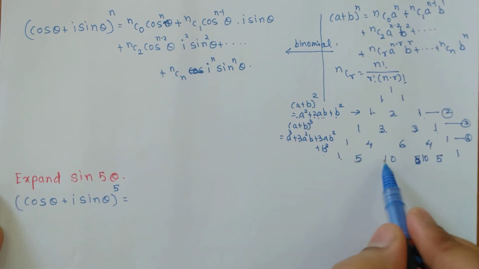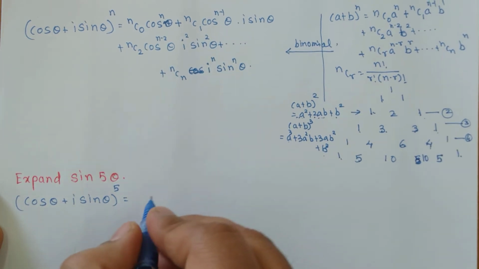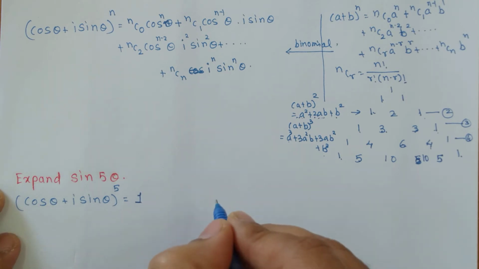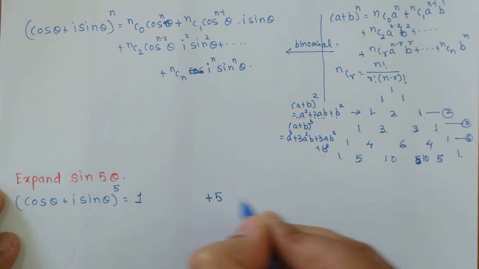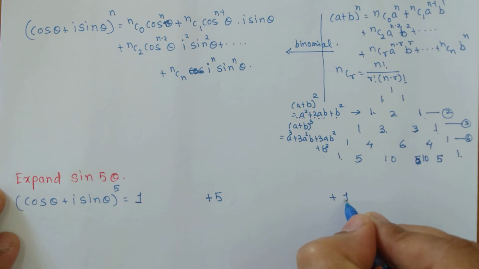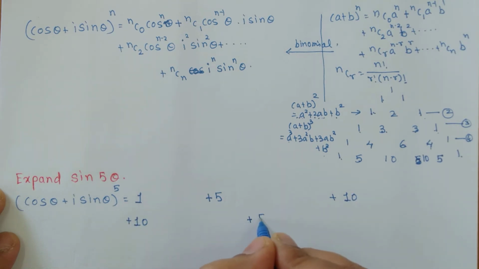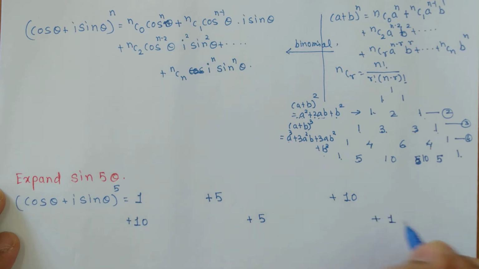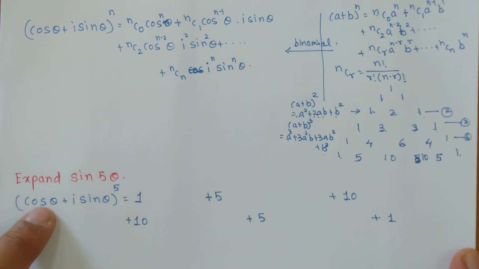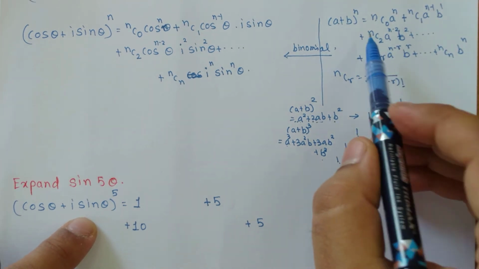So how many terms? 1 2 3 4 5 6. Six terms will be involved. The first term is with a 1, the second term with a 5, the third with a 10, the next again with a 10, then with a 5, and then with a 1. Now this is a plus b.